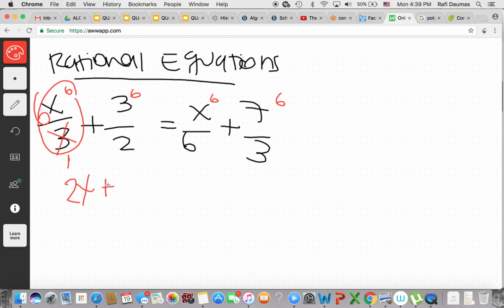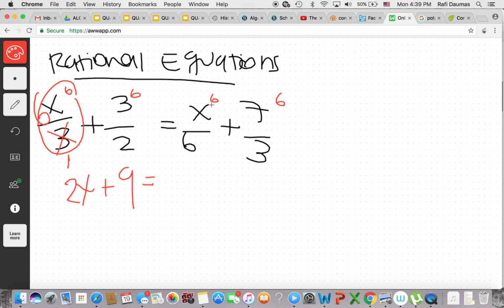So then plus, and we do the same thing here. This one cancels out, so it would end up to be 9, because what we're trying to do here is cancel out the denominators. So then this divided by 2 would be 3, and then 3 times 3 is 9.